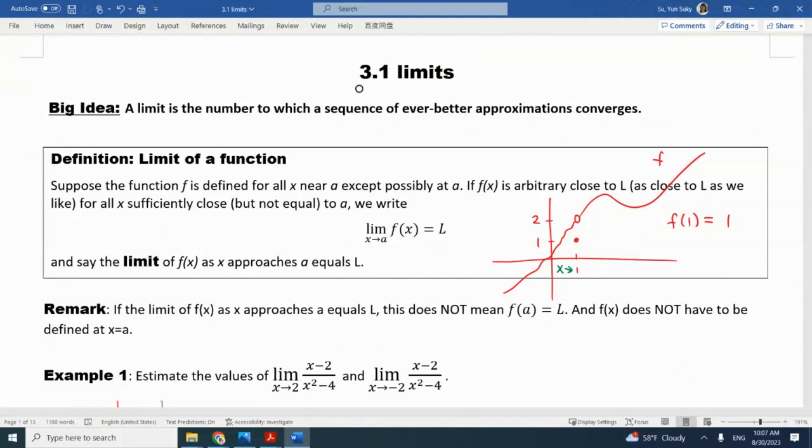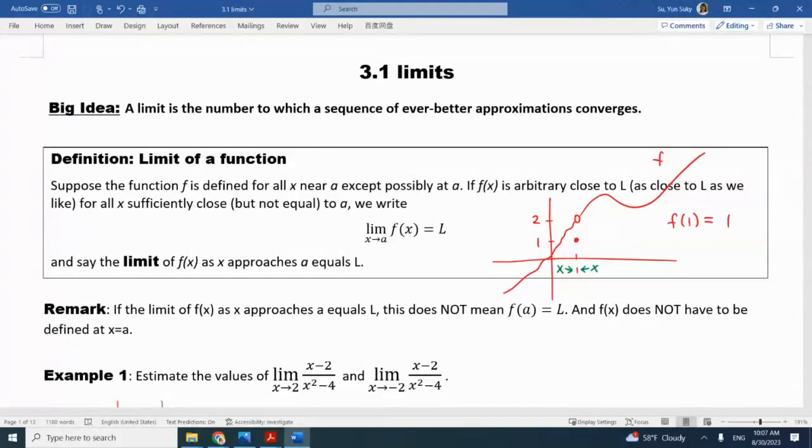This is from the left-hand side. Also, if you let x get close to 1 from the right-hand side, your point goes along here, and you're also getting close to y equals 2. So 2 is the limit.